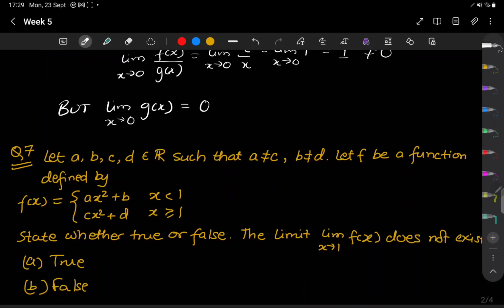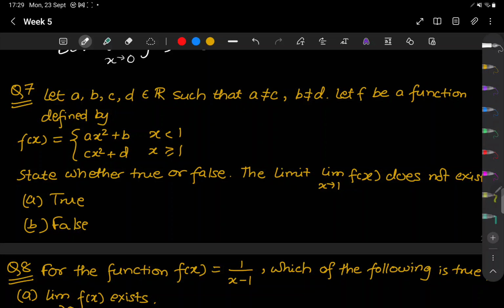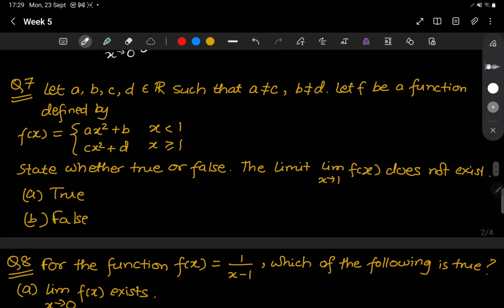Okay, moving to the next question. Let a, b, c, d belong to R such that a is not equal to c and b is not equal to d.